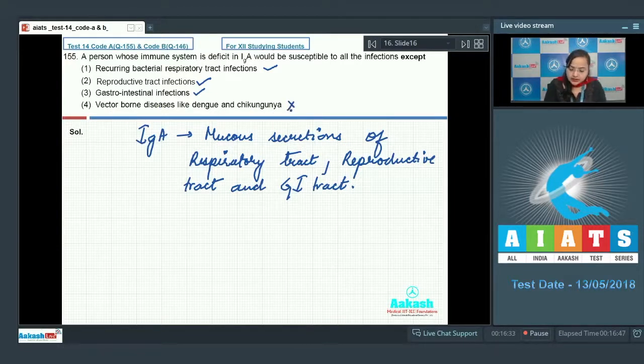This cannot be an answer because dengue and chikungunya spread via a vector, and the vector introduces the pathogen into the blood. So the IgA antibody has no major role in providing protection against pathogens present in blood. So the correct answer for this question is option 4. So let's proceed to our next question.